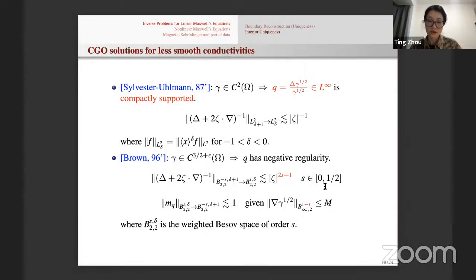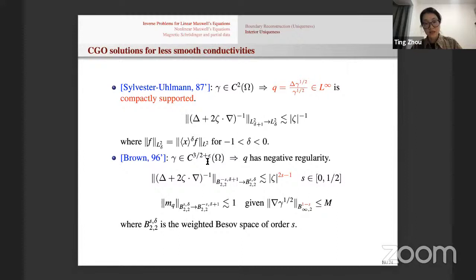So if s is between 0 and 1/2, you can still keep this decaying property with respect to the magnitude of zeta. At the same time, you can show MQ, the multiplication by the potential Q, is a bounded operator, assuming that gamma to the 1/2, the first derivative, in this Bessel space is bounded. So this was done using the weighted Bessel space to show the uniqueness of the conductivity with less than C2 regularity.